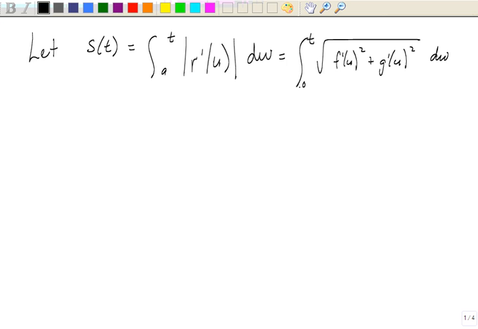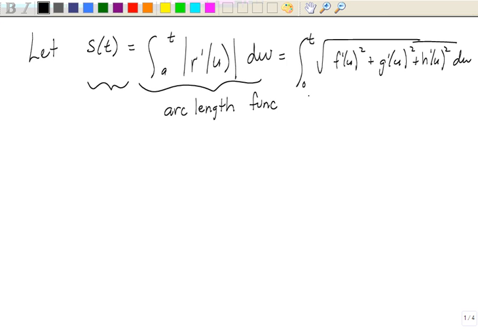You could also do 3 dimensions. Since we're in 3 dimensions, we'll do 3 dimensions. So this is the arc, or s is the arc length function from a to a point t.